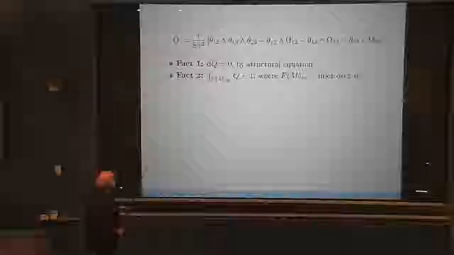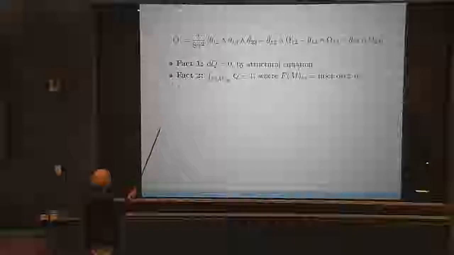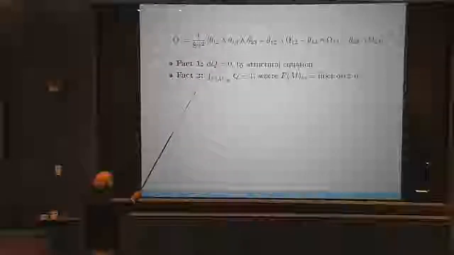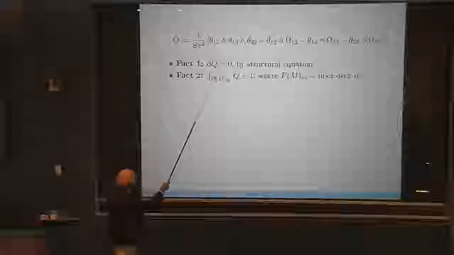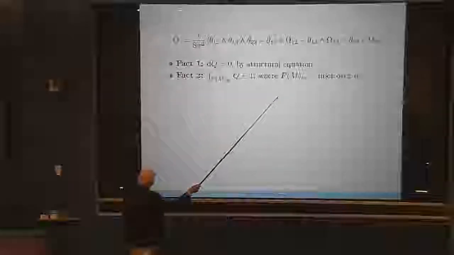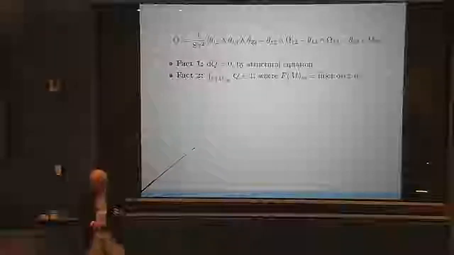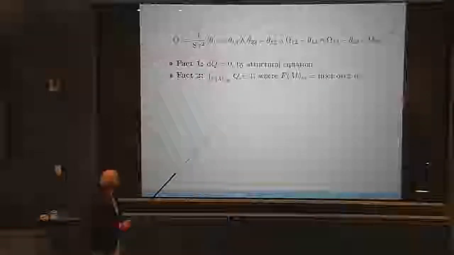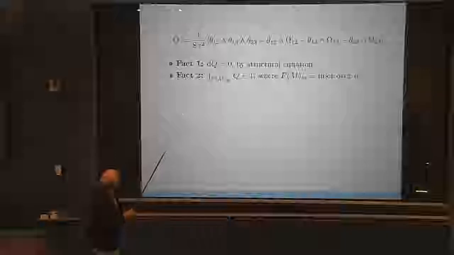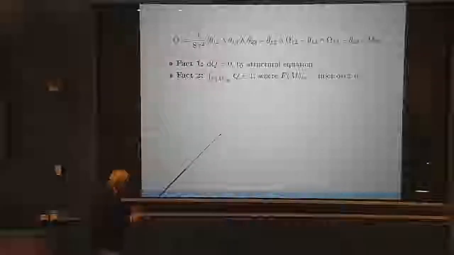Now, here's a 3-dimensional differential form called Q. I'm calling it Q. And it was this form, sort of, that came up as this pesky term. Anyway, it's easy to see that this form is closed. D of it is 0. That just follows from the structural equations that were before. And it's also pretty easy to see that its integral over the fiber, which is a 3-dimensional fiber, is 1.